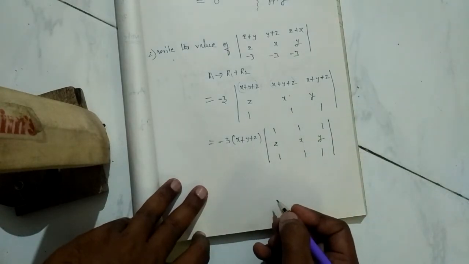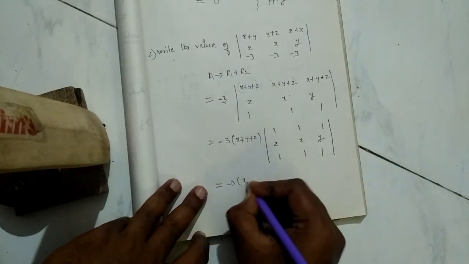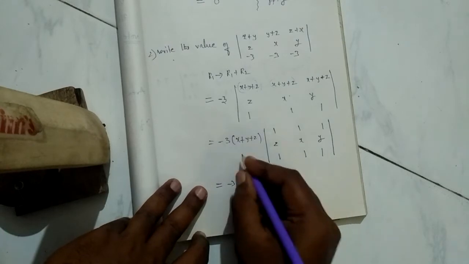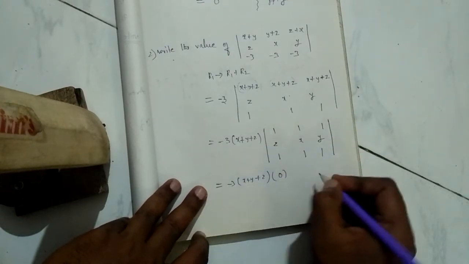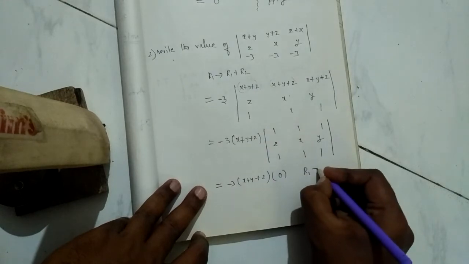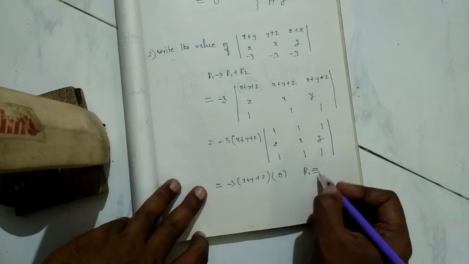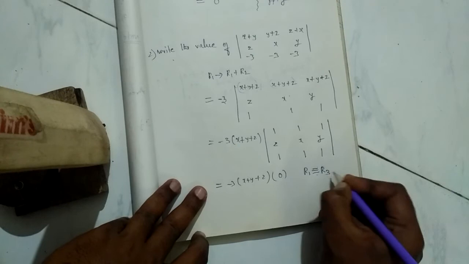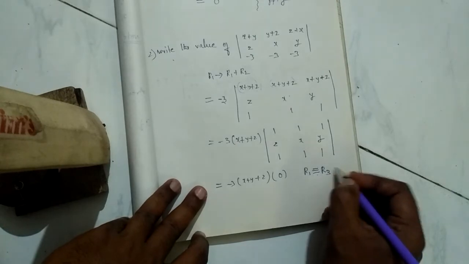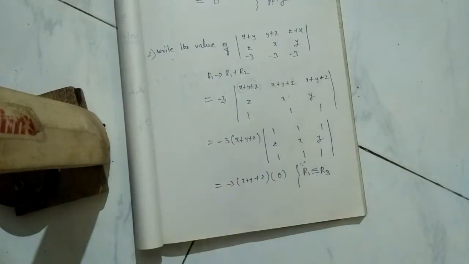Now, minus 3 times x plus y plus z is as it is, and this determinant value is 0, because row 1 is identical to row 3. Two rows are the same. This property I didn't teach, but anyway you can take this as a property.